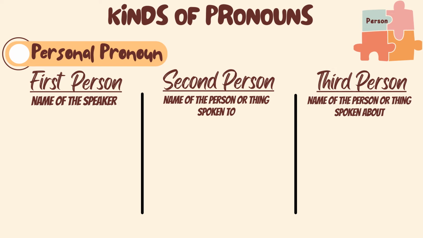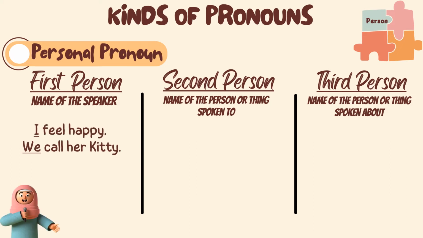Let us talk about the personal pronoun in form of a person. So the first person pronoun is used in place of the name of the speaker, yung taong nagsasalita. So we will say, I feel happy. We call her Kitty.